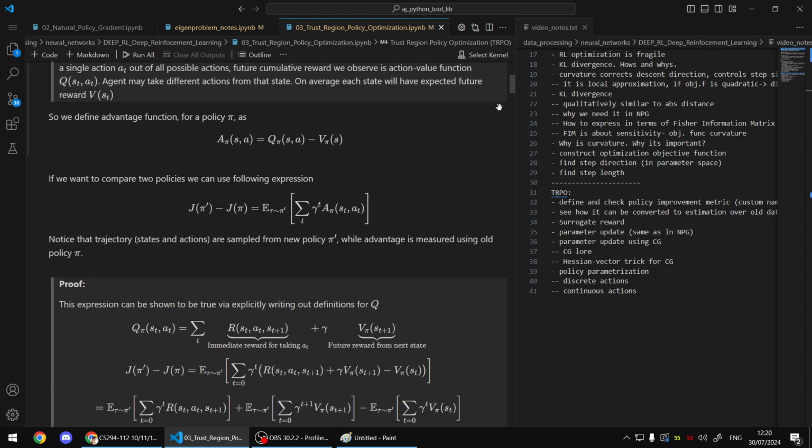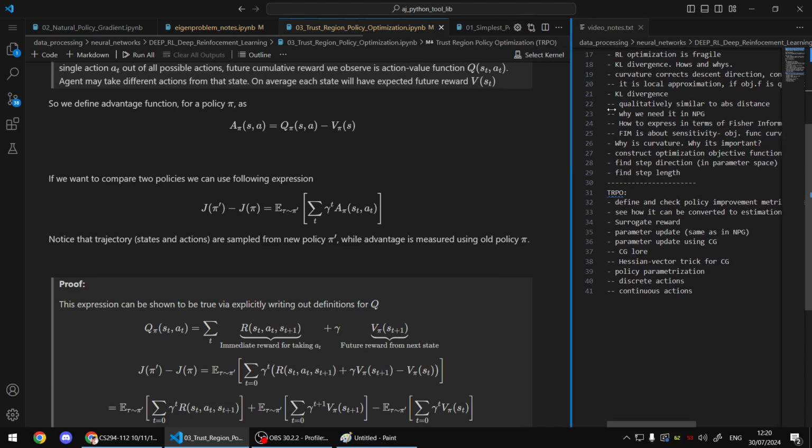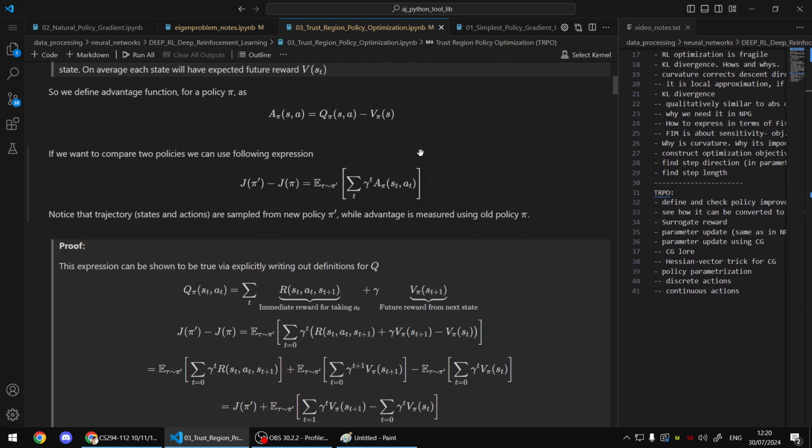But the main difference from our prior definitions is that TRPO is defined using this policy improvement metric. We have some information about the old policy, and we want to ask how much better the new policy is than the old policy, and it can be done via this expression.